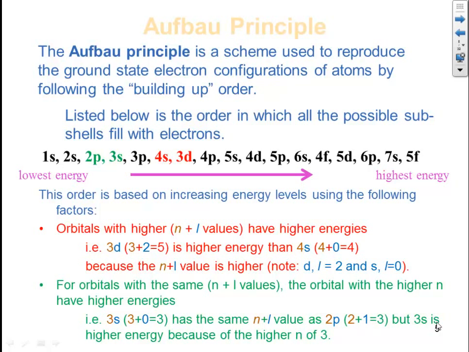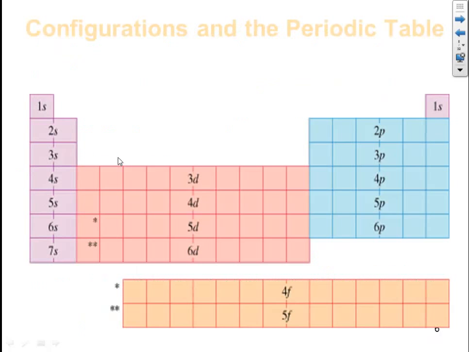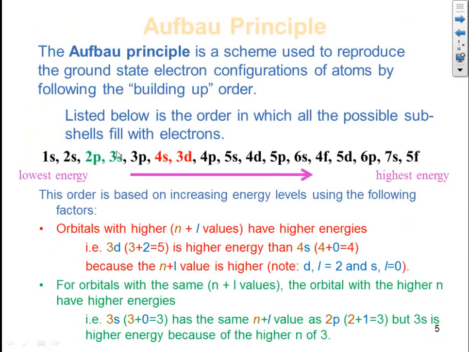But the 3s is going to be a higher energy because of the higher n of 3. That's why we have 3s above the 2p. And in the previous example, that's why we had 3d higher than 4s.